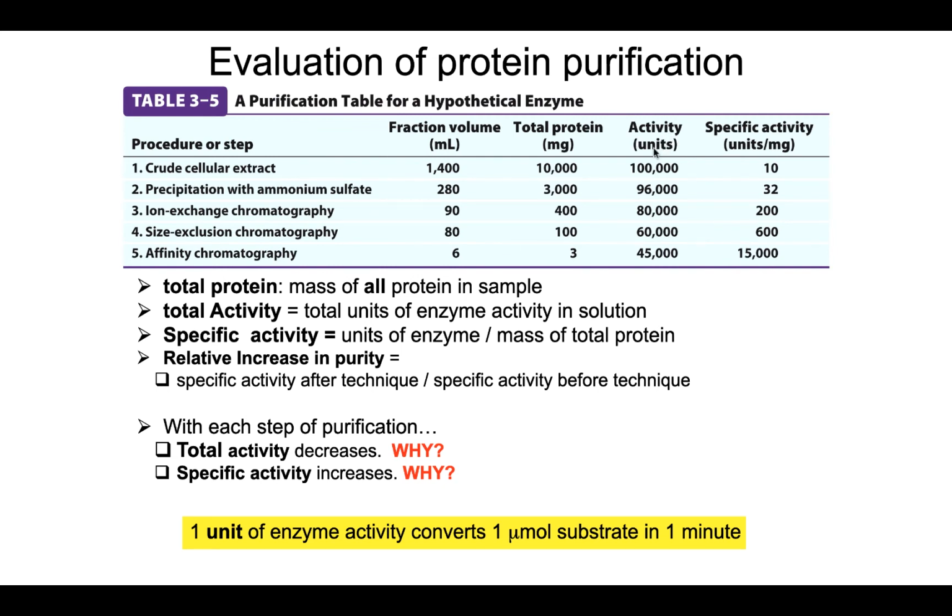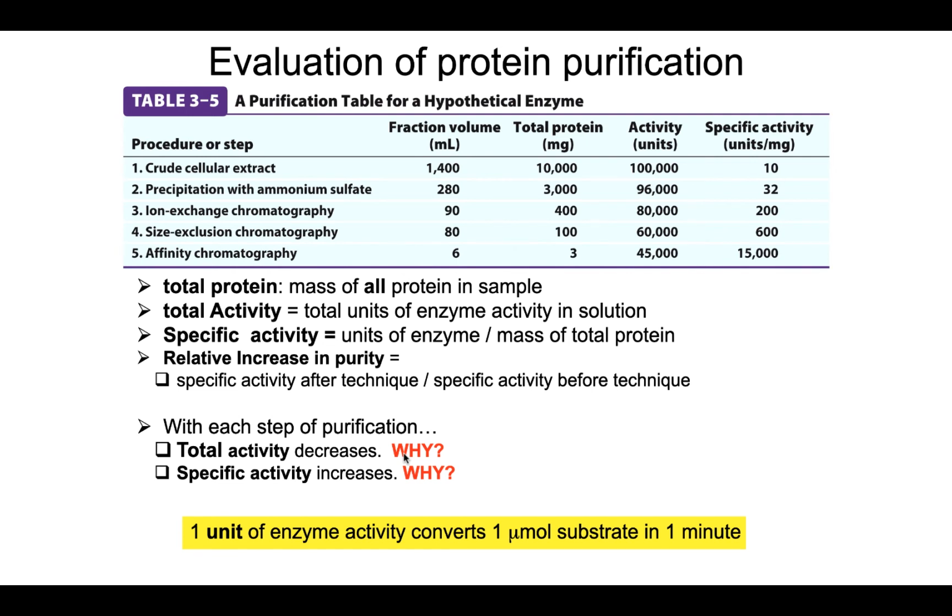So just simply looking at the units of enzyme that we're interested in, as we go through these steps, it decreases. Starts at 100,000, goes to 45,000. That's total activity. It's decreasing. Think about why that might be the case. Why is that the trend? Is that a trend that we would want to have if we had the choice?